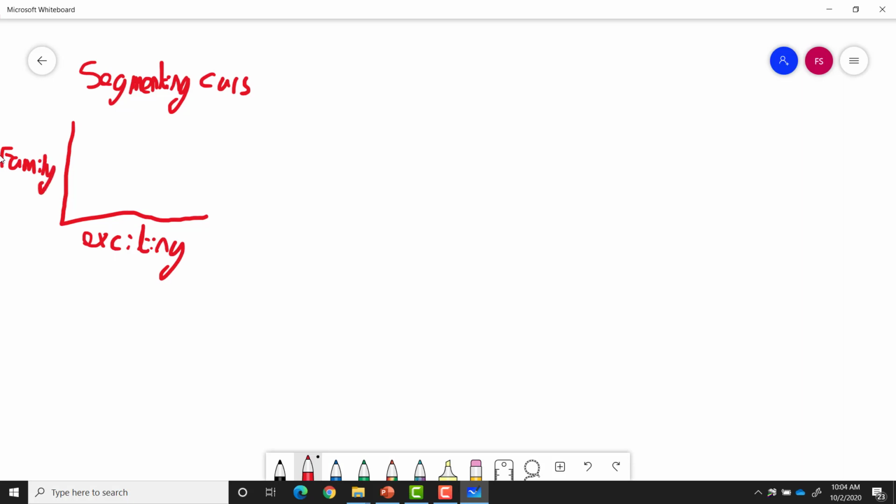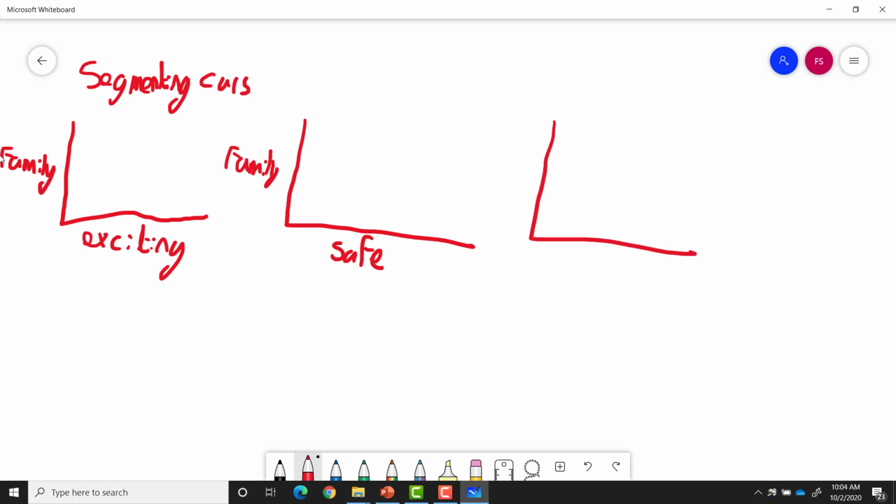We also have some measure of how safe they are. So we could have family and safe, and we could have exciting and safe. We've got a load of cars, and we split them into groups.